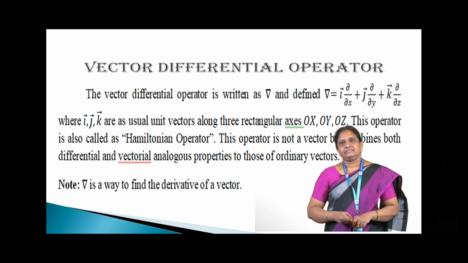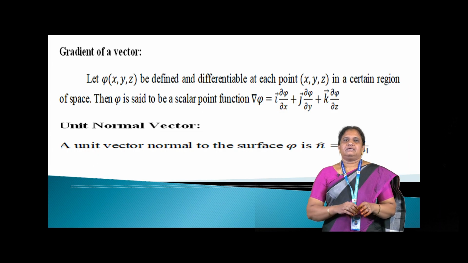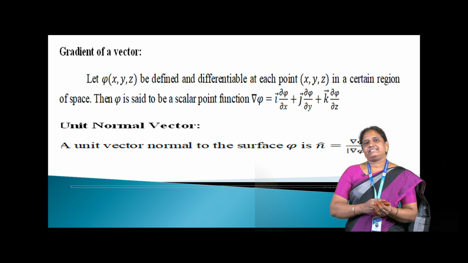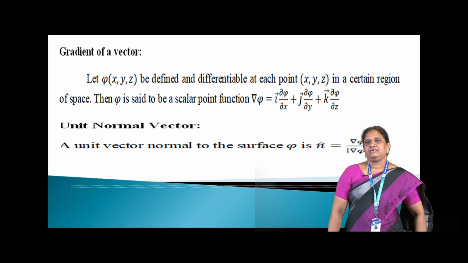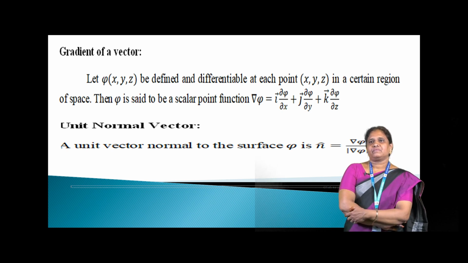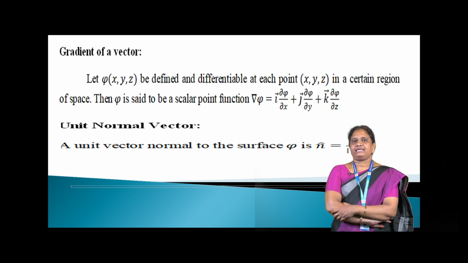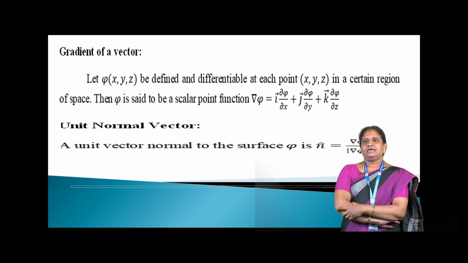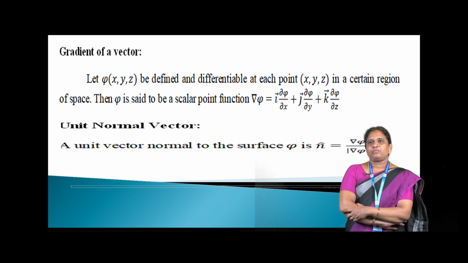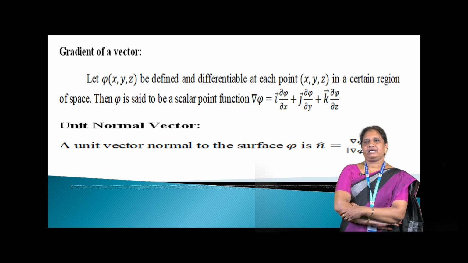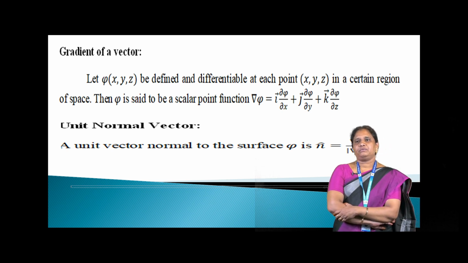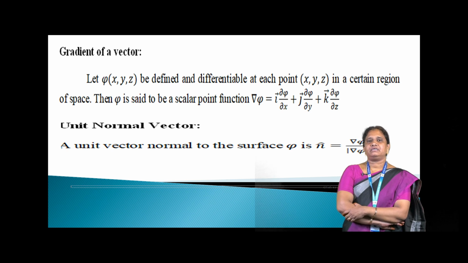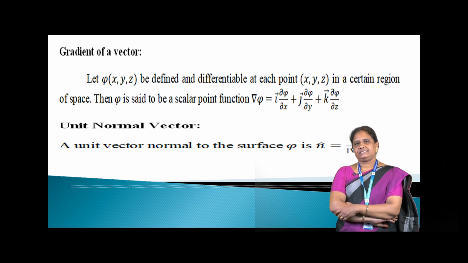Next, let us see the gradient of a vector. Given phi of x, y, z be any scalar function and it is differentiable at each point x, y, z. Then the scalar point function del phi is given by i ∂phi/∂x plus j vector ∂phi/∂y plus k vector ∂phi/∂z.